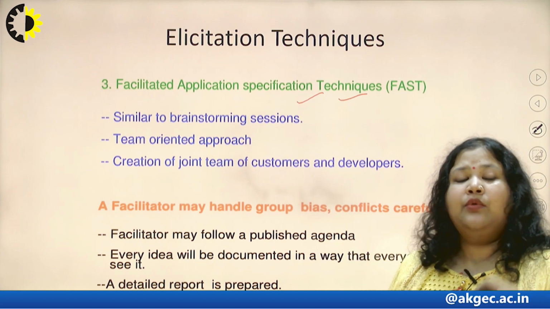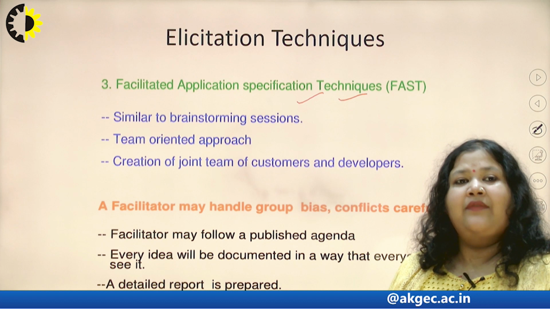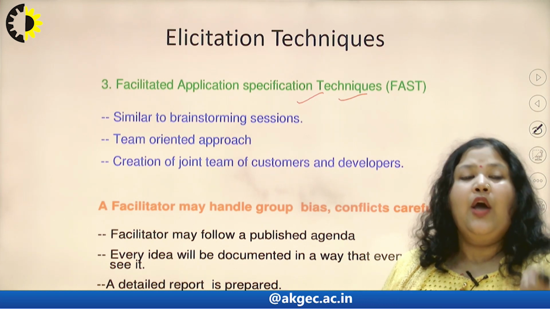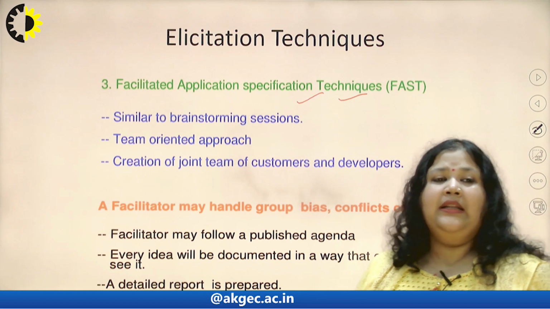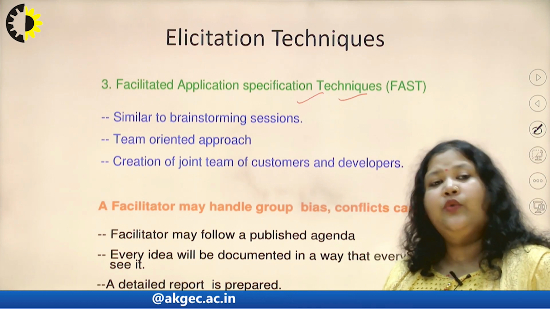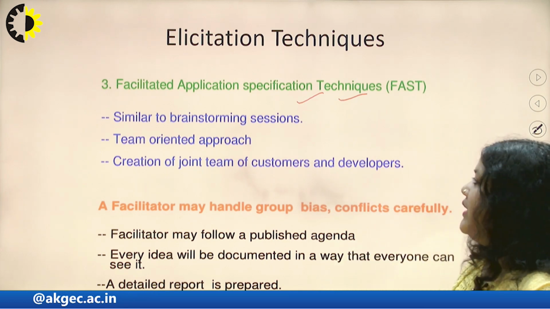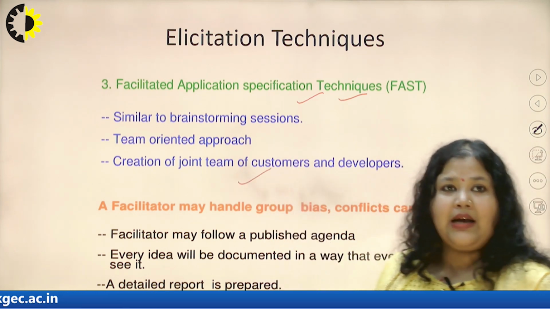We have to define a document that has the rules, the defined approach, and the methodology for defining the requirements in categorized or prioritized form. So these are the basics of the FAST technique.